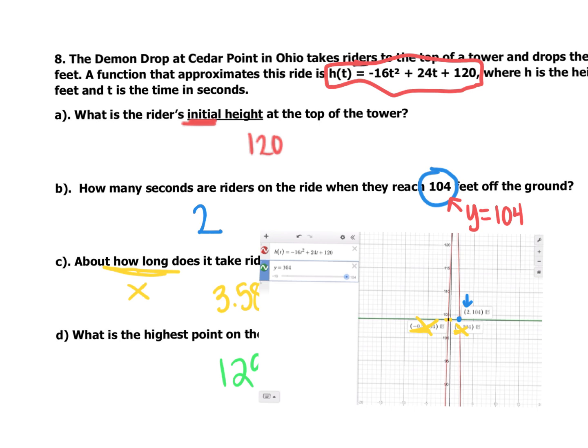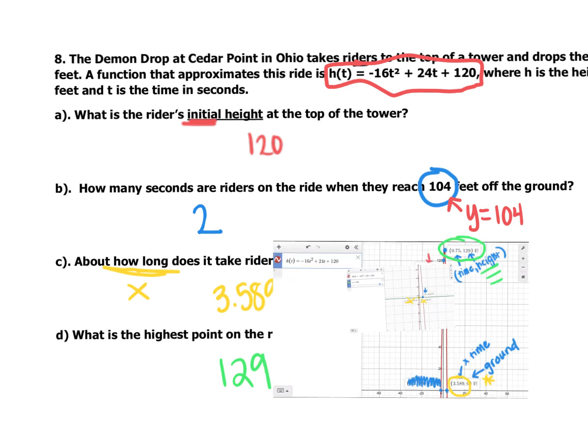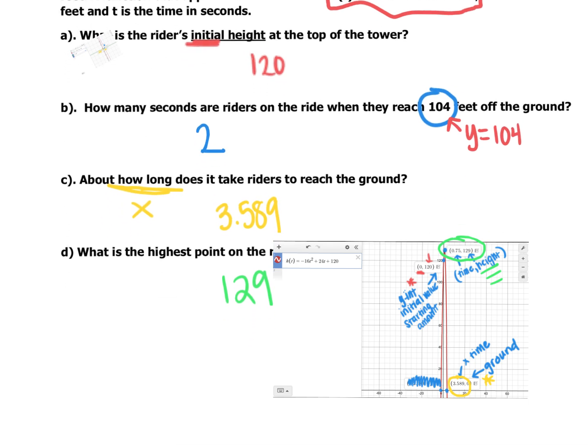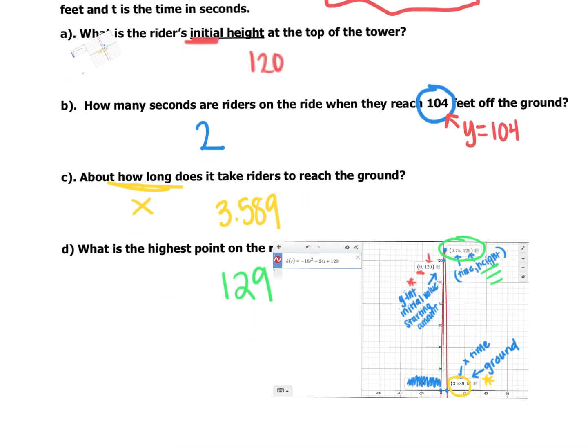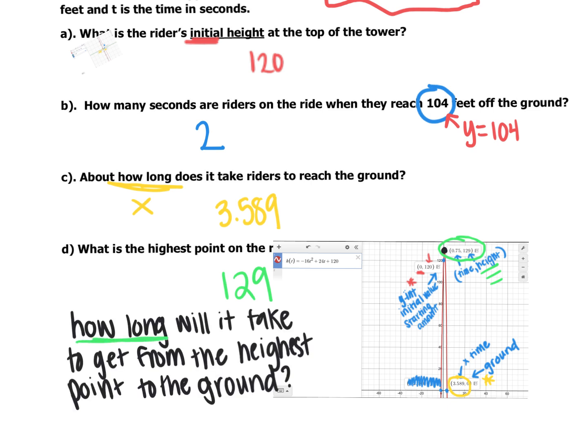Now, there is one more type of question that you might see. I'm going to move this one out of the way. It might ask something like this: how long will it take to get from the highest point to the ground? We talked about the highest point being up here, and it is asking how long. When it's asking how long, we're looking only at x values, at time. At the highest point, it's 0.75 seconds, and at the ground, we're looking at an x value of 3.589.